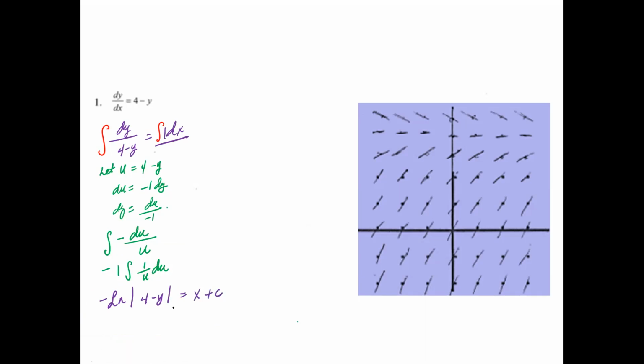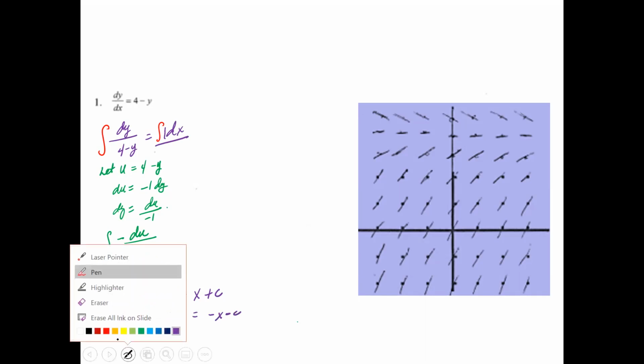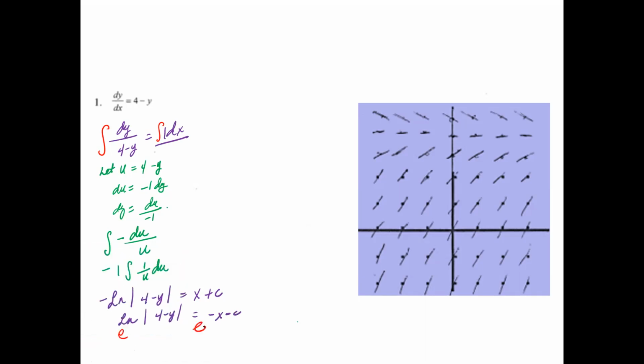Now, if I want to get rid of the negative, I could do ln of 4 minus y equals negative x minus c. Insert the e on both sides, ln cancels, and I am left with 4 minus y equals e to the negative x minus c.